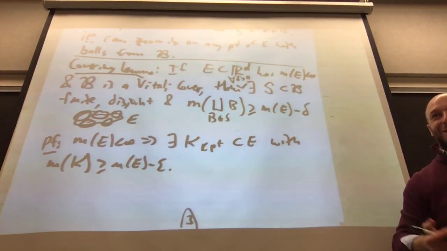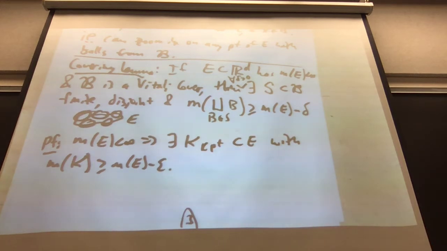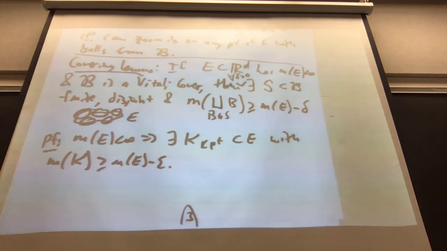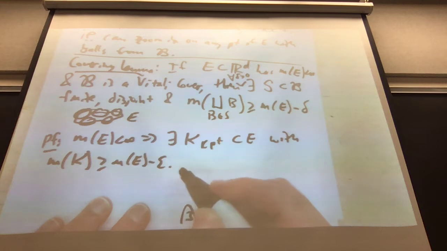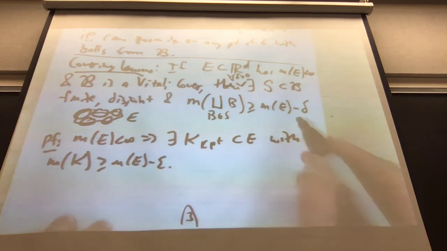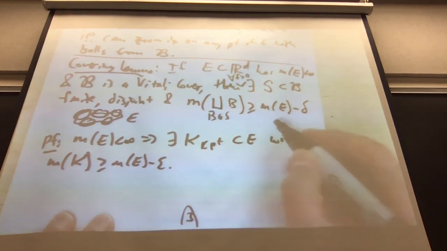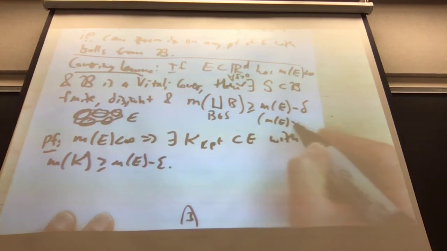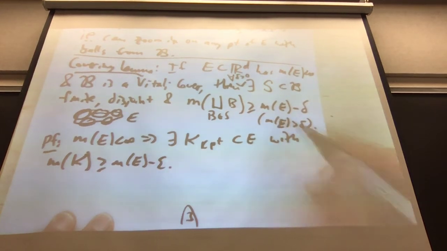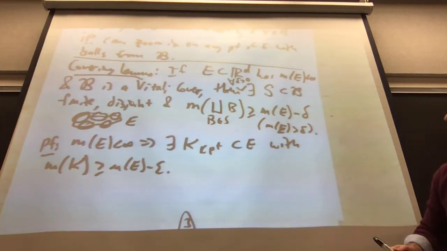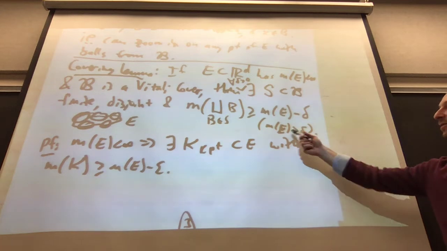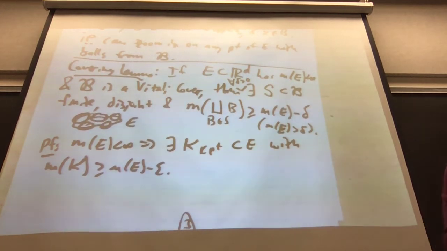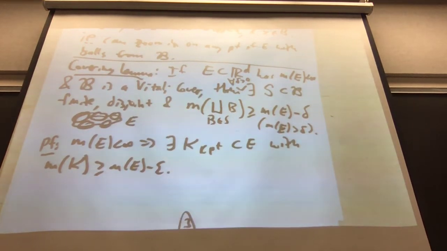Of course, you have to give me the epsilon first. So this is vacuous unless the measure of E is greater than delta, so delta is going to be less than that. Take epsilon equal delta.